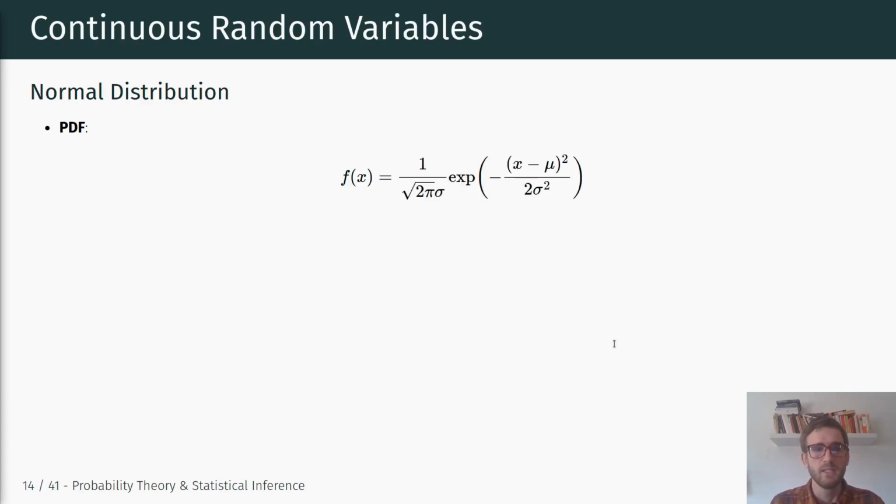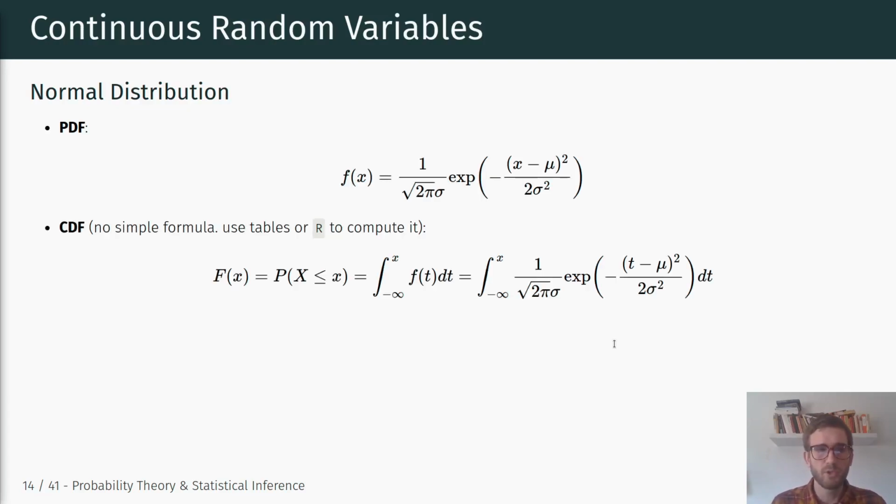Okay. The probability density function and the cumulative distribution function are as follows. They're a little bit more complicated than the binomial distribution.